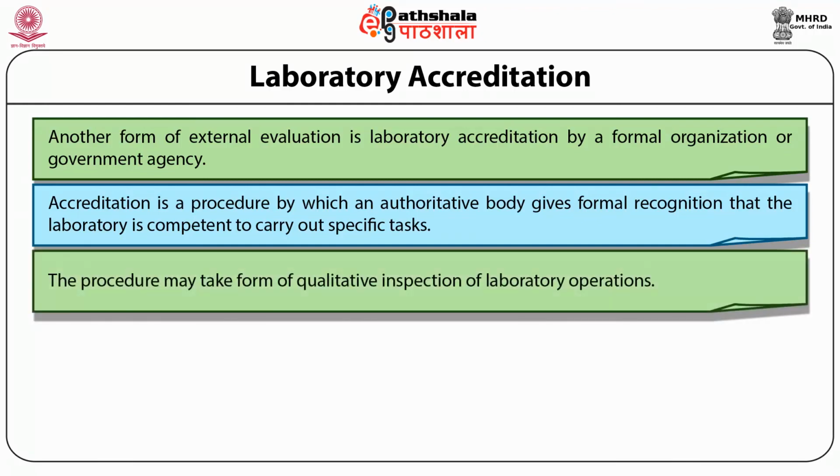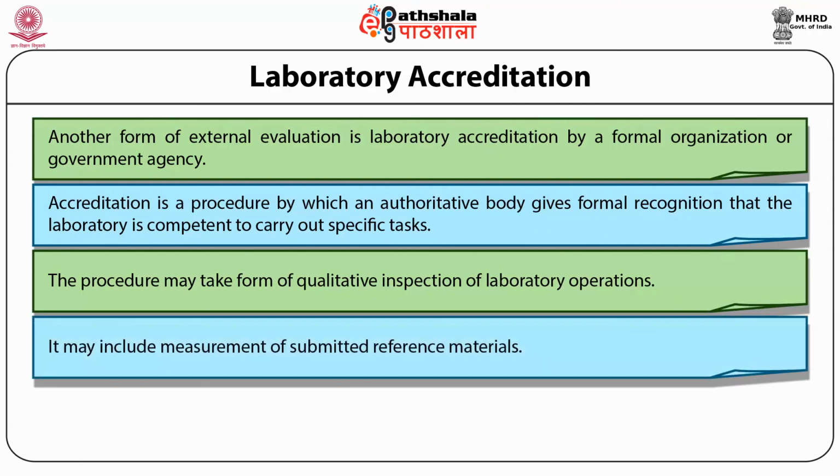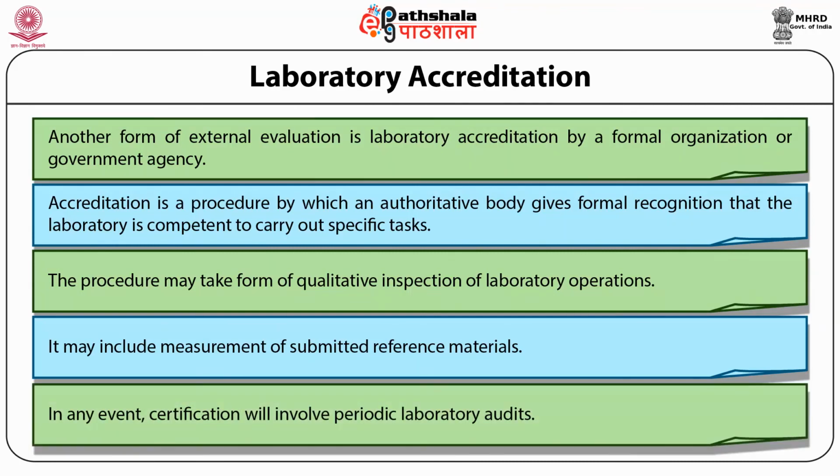The accreditation procedure may take the form of qualitative inspection of the laboratory operations to verify that good laboratory practices policies are followed, that is, proper documentation and record keeping, or it may include measurement of submitted reference materials. In any event, certification will involve periodic laboratory audits which may be unannounced.